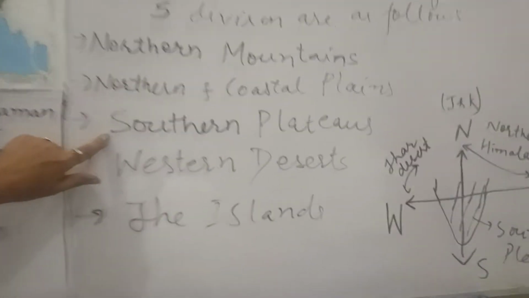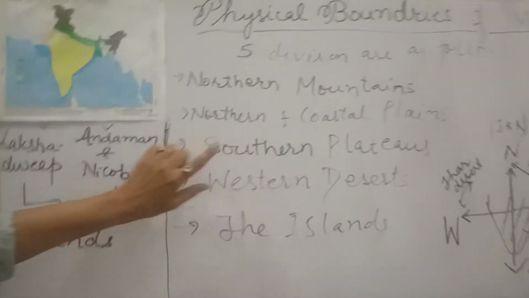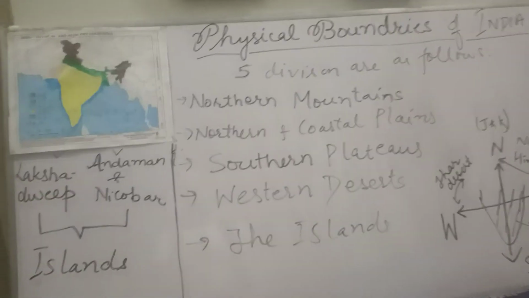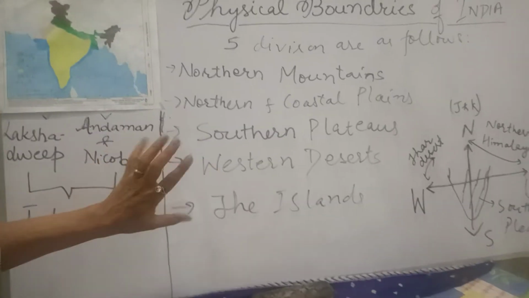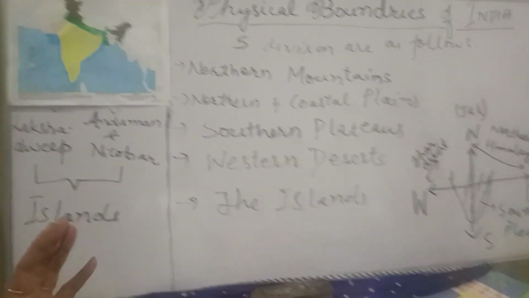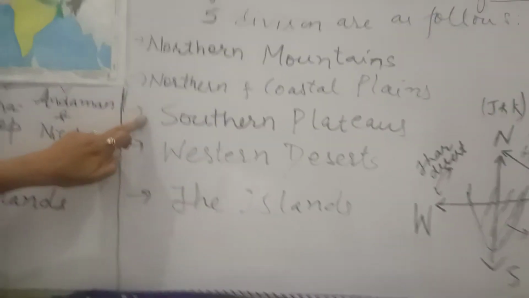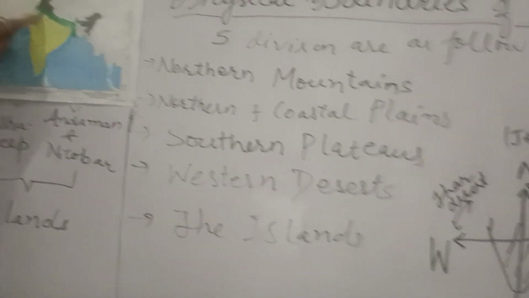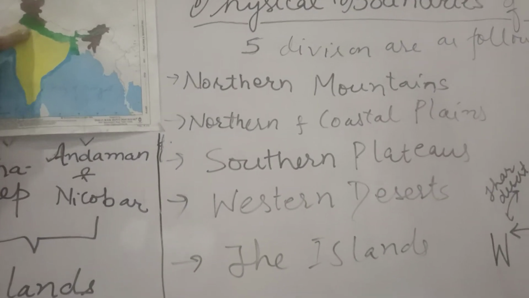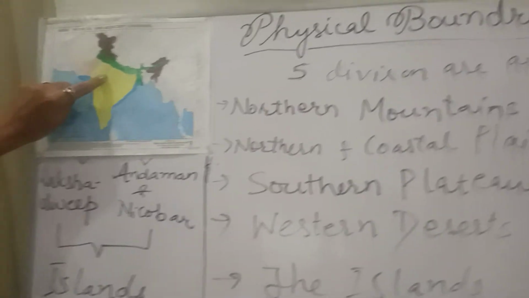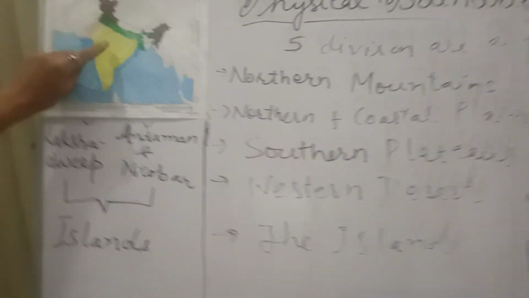Next is southern plateaus. I have already told you about a plateau. Now, plateau is also known as tableland, and this is basically a dry area, but the sources of minerals are very high here. This yellow part, this whole yellow color part, forms the southern plateau.